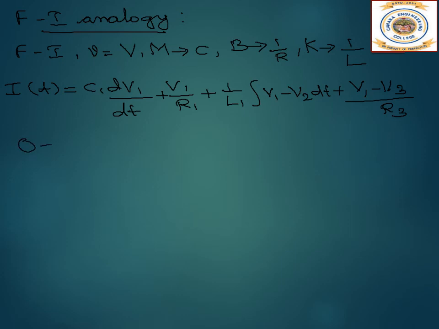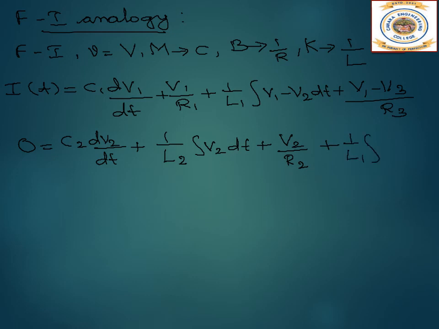Second equation, 0 equal to C2 dV2 by dt plus 1 by L2 integral V2 dt plus V2 by R2 plus 1 by L1 integral V2 minus V1 dt plus 1 by L3 integral V2 minus V3 dt.